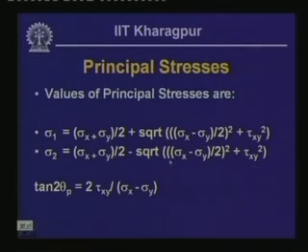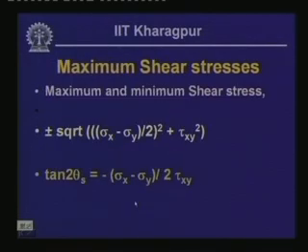And the plane which gives us the maximum normal stress or the principal stresses can be evaluated through this equation, where tan 2 theta p is equal to 2 tau x y by sigma x minus sigma y, and in the physical plane this is denoted by theta p.